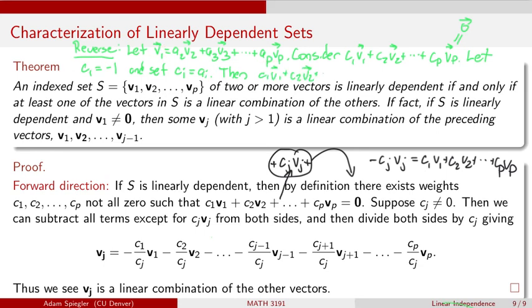So then if I pick this combination of C1 equal to -1 and all of the other C's equal to the corresponding weight Ai that we use to get V1, well then this combination is going to get us the zero vector for sure, because each of these is going to undo each of these. So we get back the zero vector. We've just shown that a non-trivial solution exists, so therefore this set of vectors has to be linearly dependent, and that proves the reverse direction.